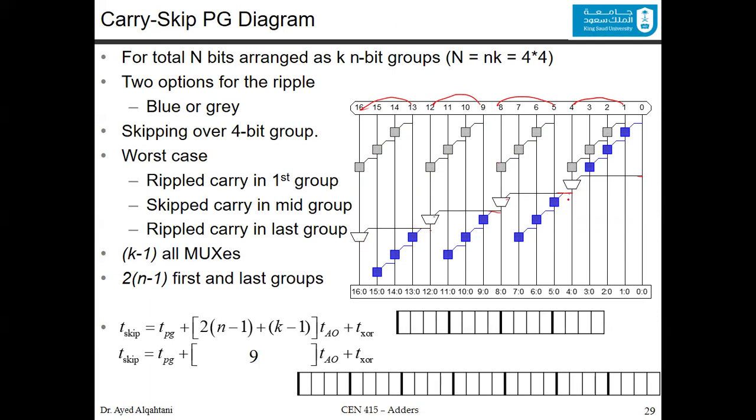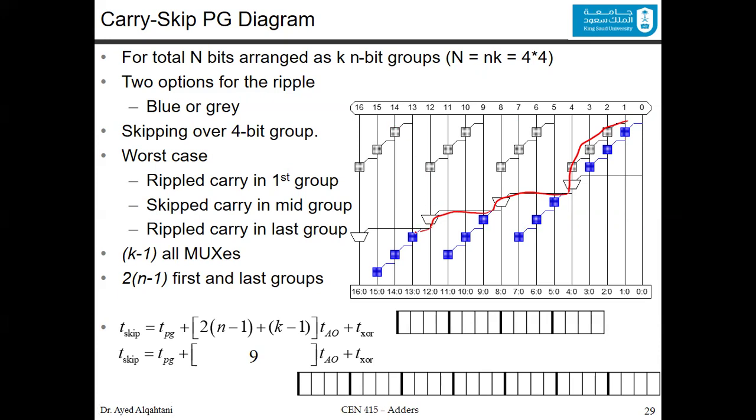Now, to find the worst case, we said that the worst case is rippling through this one, and then skip, and then ripple at the last one. We can't go back because this is the delay or time. So we cannot go back to ripple.